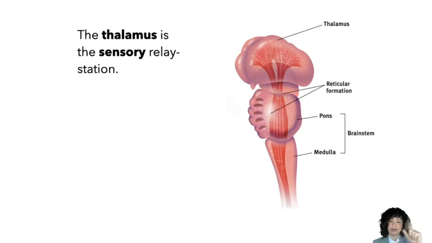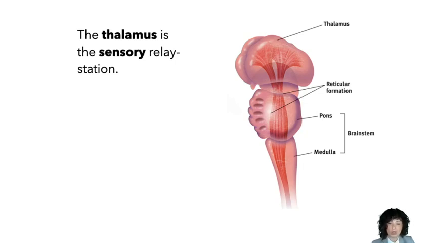Next up, at the very top, we've got the thalamus. And the thalamus is one of my favorite subcortical structures. So the thalamus is the sensory relay station. It receives both sensory and motor information from the spinal cord and brainstem, and then it acts as a relay.